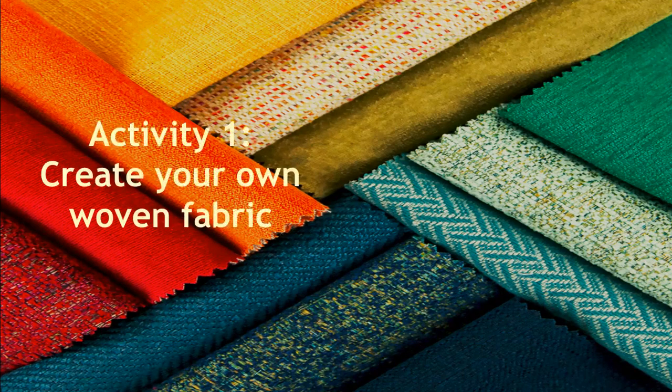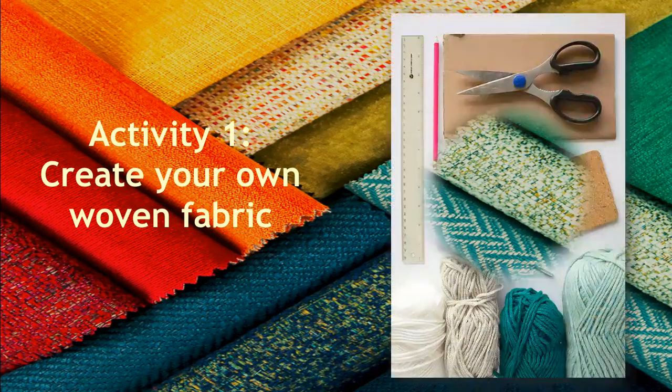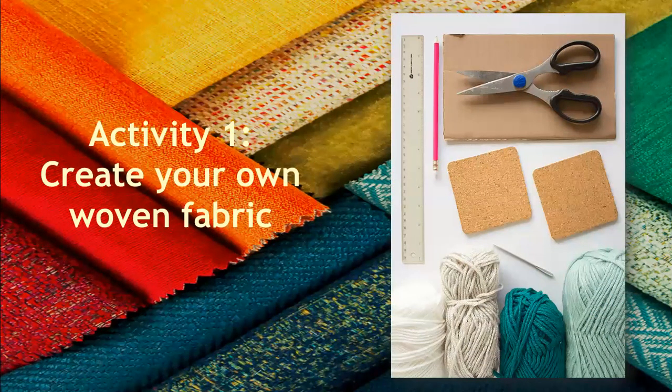As an activity, create your own woven fabric. Here are the materials that you will require: cardboard, a pair of scissors, 2 or 3 different colored woolen yarns, tapestry needle, a pencil, and a ruler.